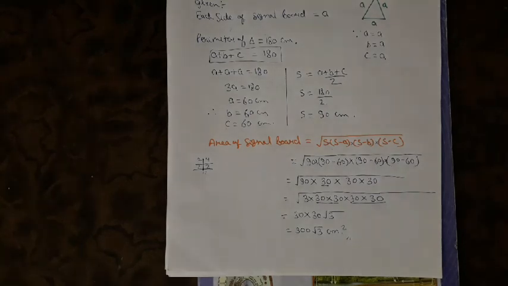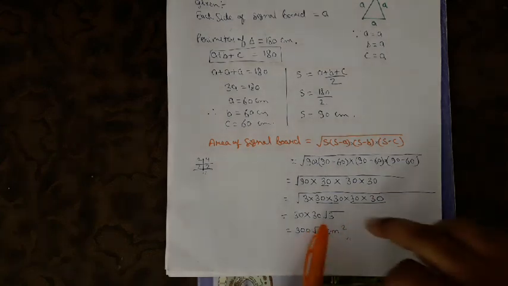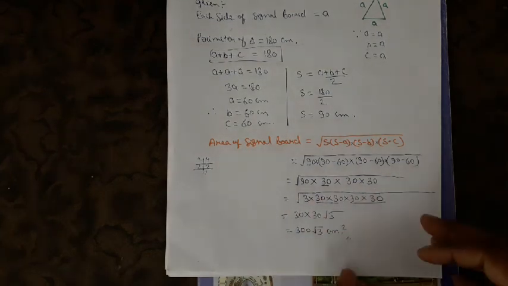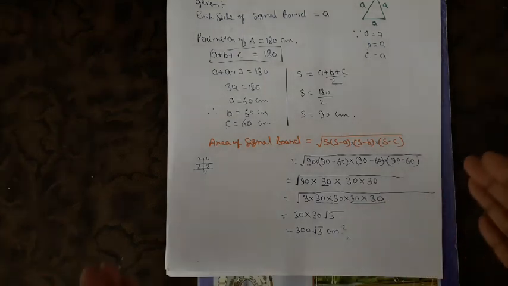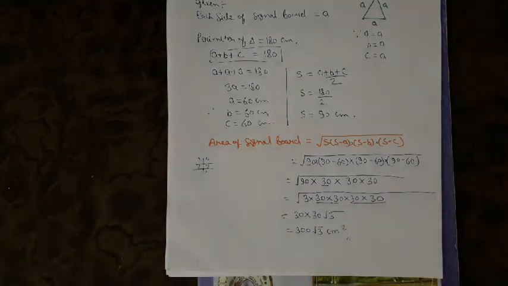Now one more thing that I have to explain: here the digit was very easy, so we were able to split them. But in case the digit is different, then what will you do?